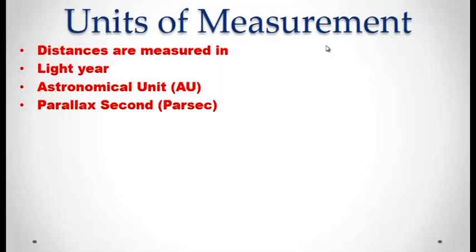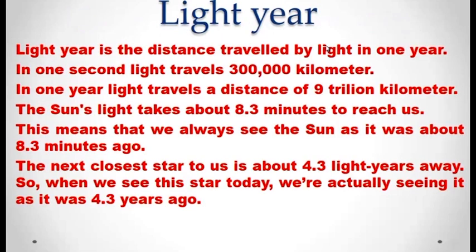Coming to the units of measurements used in astronomy, distances are measured in 3 different units: light year, astronomical unit, and parallax second. These 3 units are used to measure the distance of different celestial objects. A light year is the distance traveled by light in 1 year.